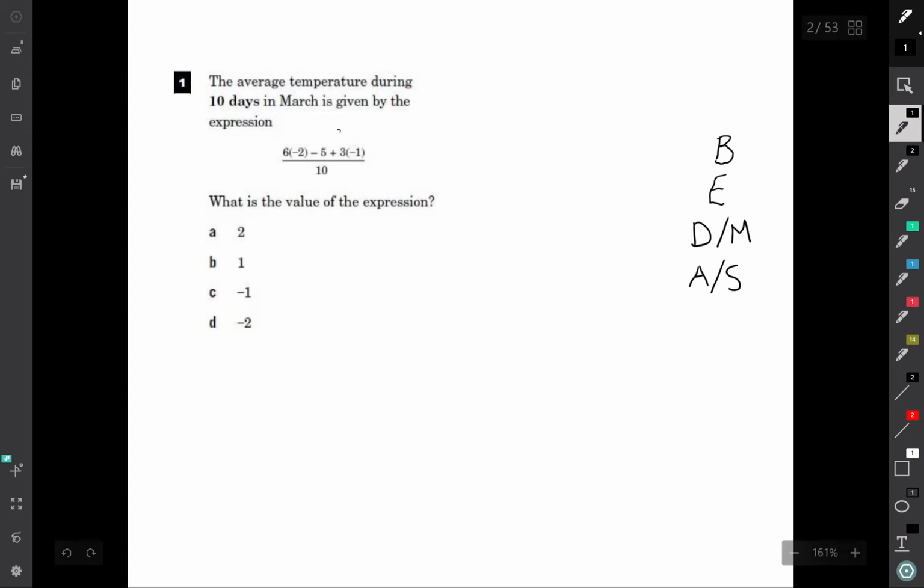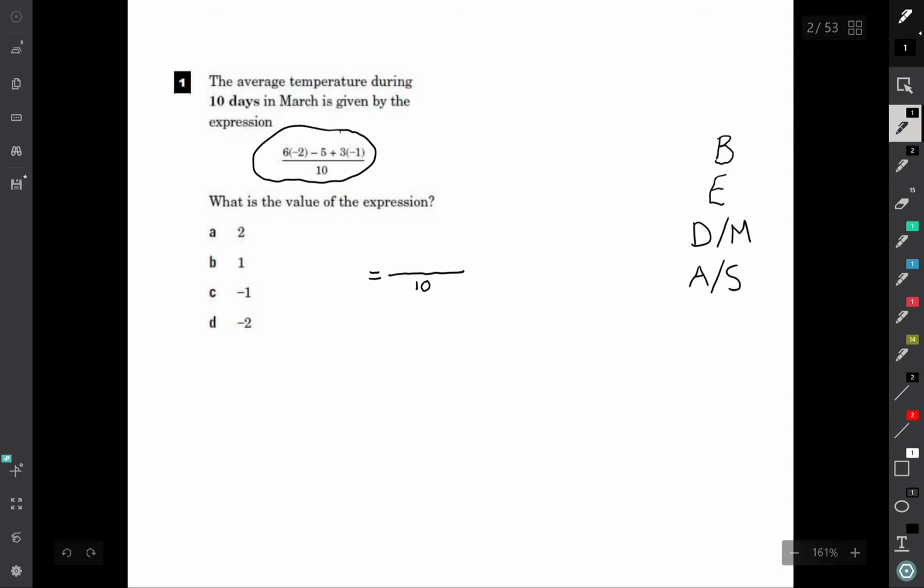So if we look at this expression, there's no brackets, there's no exponents. Well, there's brackets, but we can't simplify in the bracket. So the first thing we're going to do is take care of the multiplying that's happening. I'm going to set up an expression here. I'm going to leave the bottom as 10. I'm not going to touch that.